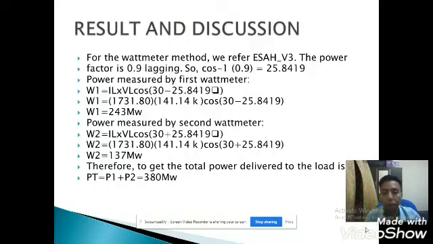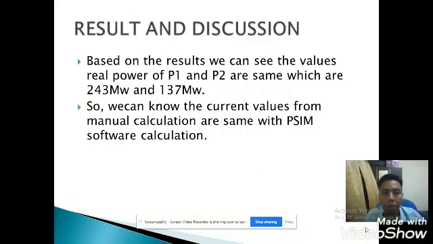Therefore, the total power delivered to the load, PT, is equal to P1 plus P2, which is 243 megawatt plus 137 megawatt, equal to 380 megawatt. Based on the result, we can see the values of real power P1 and P2 are the same, which are 243 megawatt and 137 megawatt. So we can know the value from manual calculation is the same as using software calculation.